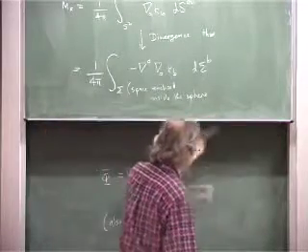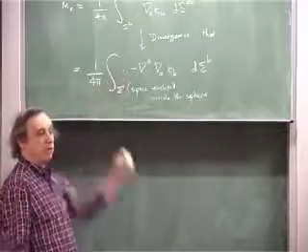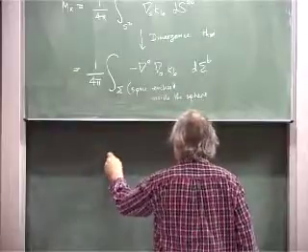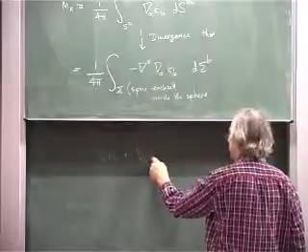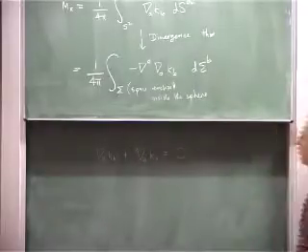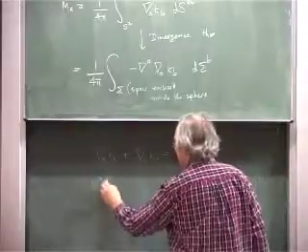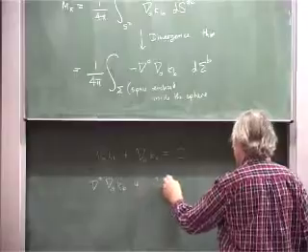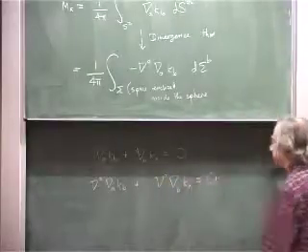Now, because k is a Killing vector, you can evaluate box of k. Killing vectors obey Killing's equation, del_A k_B plus del_B k_A equals 0. If you want to take the divergence of that, del^A k_B plus del^B k_A is equal to 0.